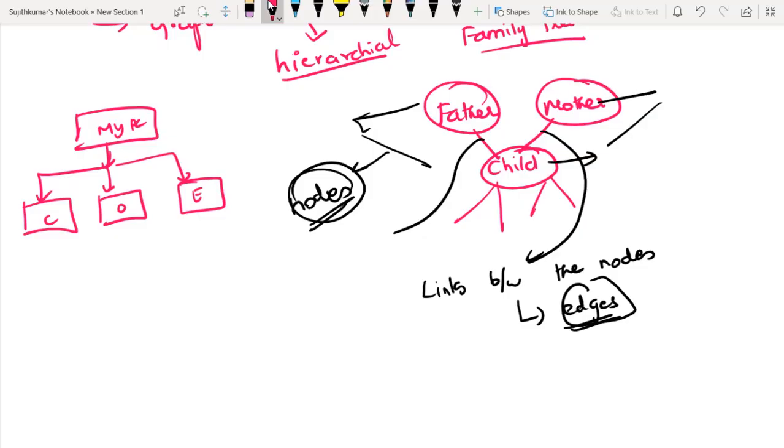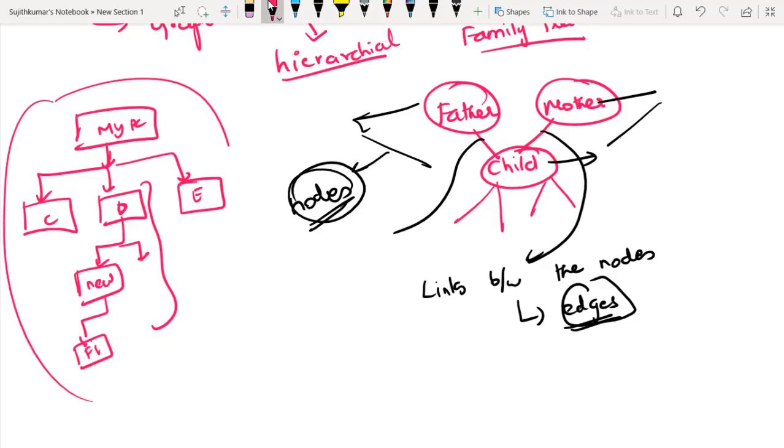If I click on D drive, I'll have a lot of folders. Let's say I have a new folder, and inside that I have a new file. This is called a hierarchy, and this follows exactly the tree data structure.